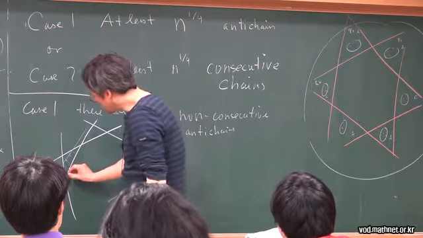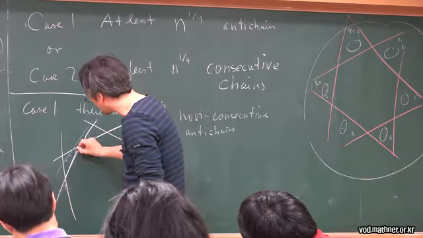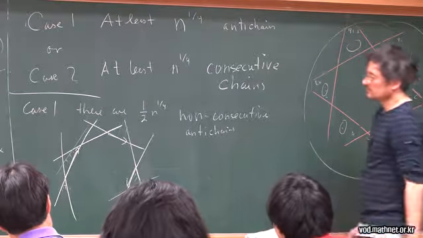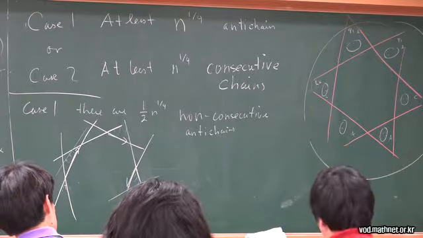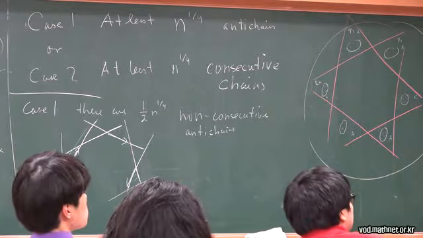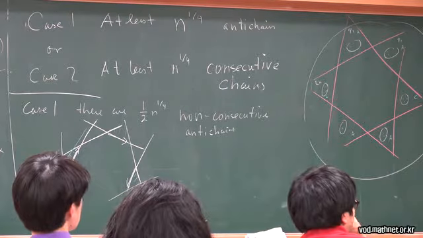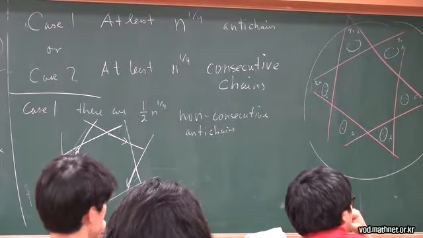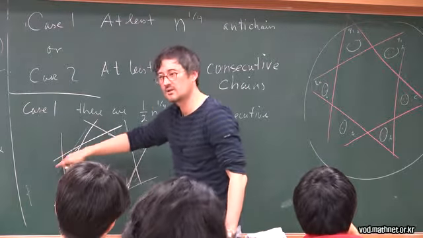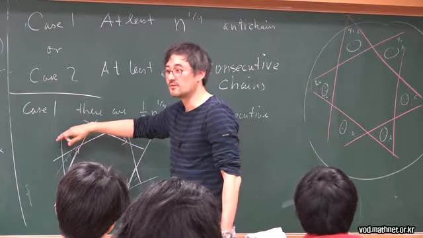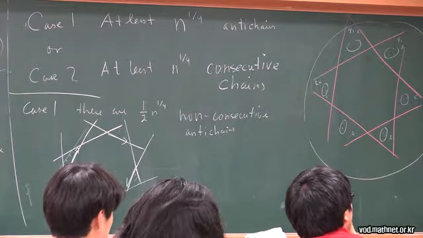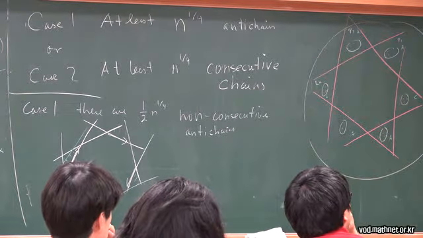Now in each one of these, I order my point sets according to this direction, and I have many points inside. So inside this region there's either an n cup, then I'm done, or if there's not an n cup, there is a 2n to the 3/4 minus 3 cap.